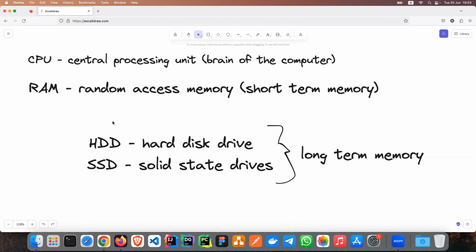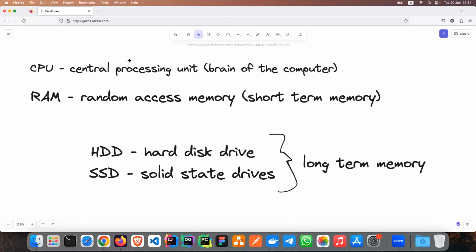For example, it might have an instruction called add, which will add two numbers. It might have an instruction called call, which will call some function. It might have an instruction called move, which will move some number from my memory to the register, which I will talk about.